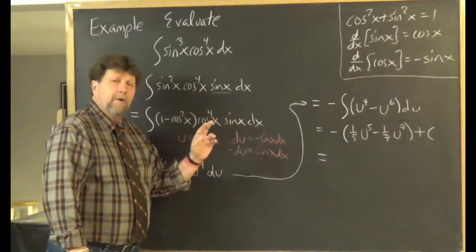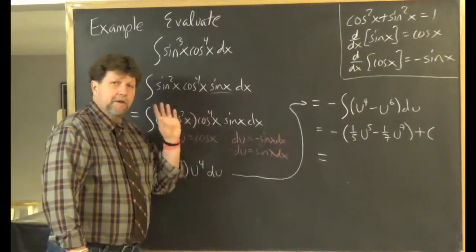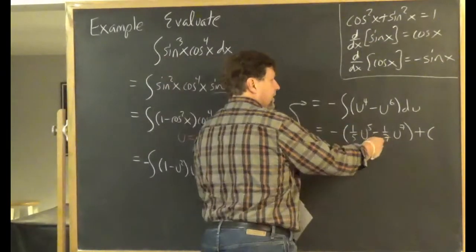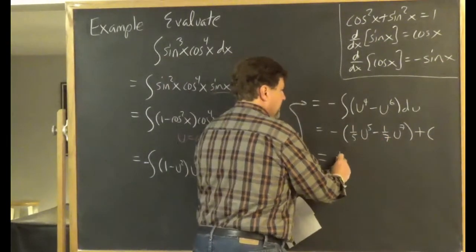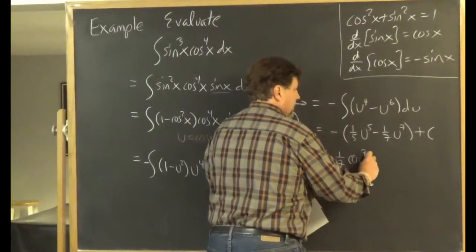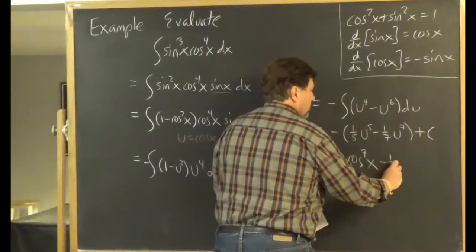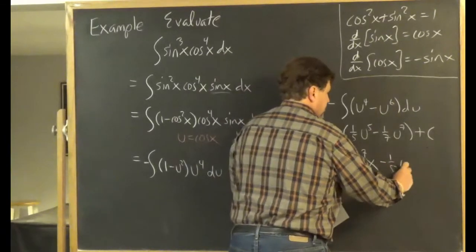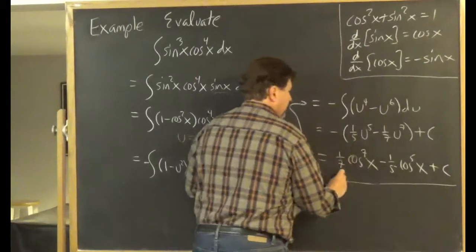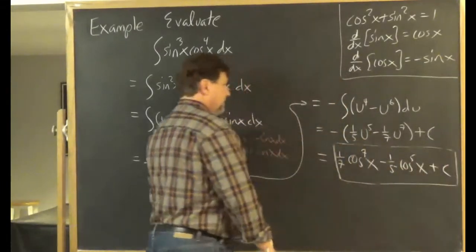I'm also going to rewrite it so that my exponents go from large to small. So if I distribute, that'll give me a positive 1/7 u to the seventh minus a 1/5 u to the fifth plus c.